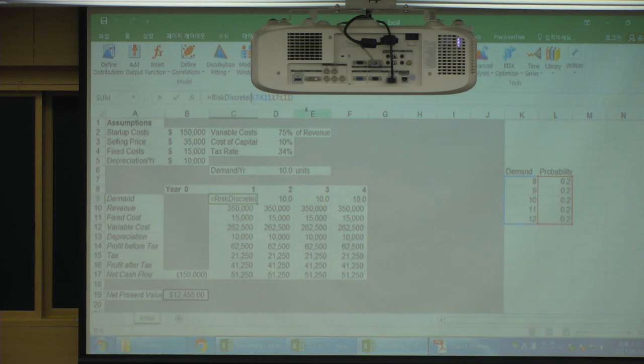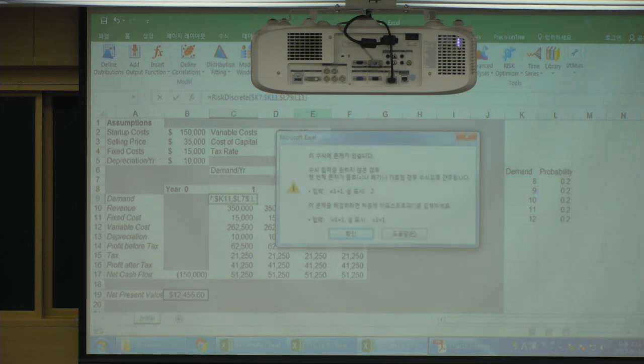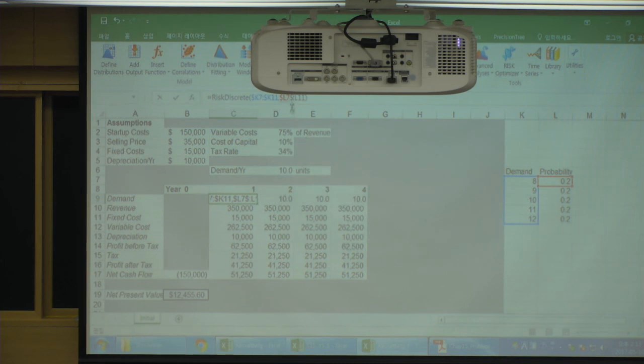Okay, so I think that you need to fix the columns. You need to fix the columns. Then you copy this, paste all, and I have defined all these probabilities for this demand.